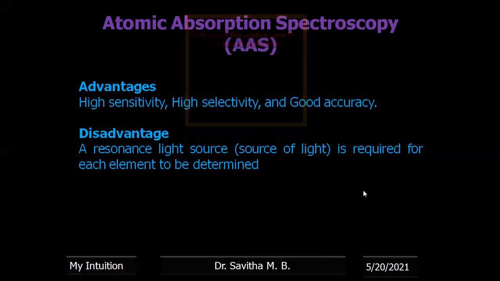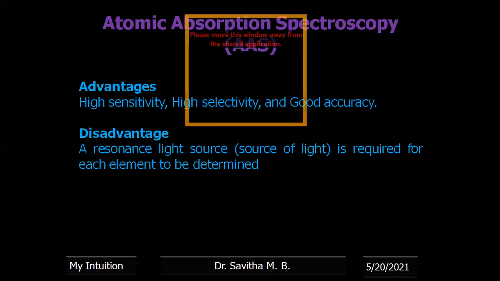The advantage is that atomic absorption spectroscopy is highly sensitive to metal atoms, has high selectivity, and gives very good accuracy. The disadvantage is that a resonance light source is required for each element; different sources are required.